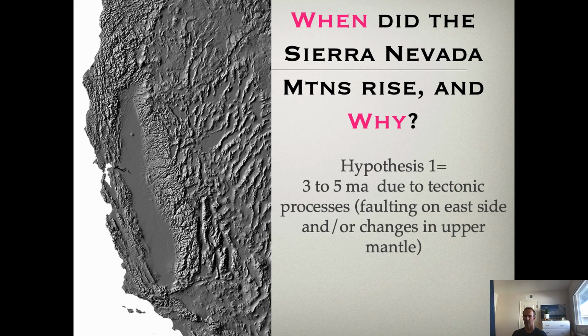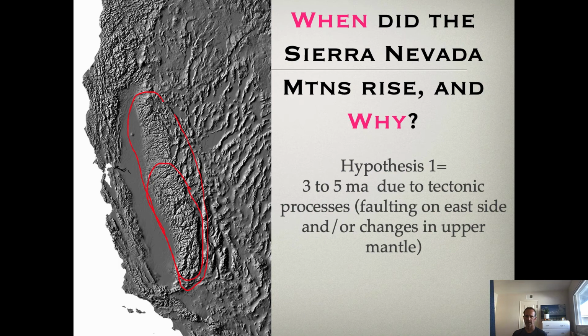So here's a digital elevation model of California and parts of western Nevada. These are the Sierra Nevada mountains. We've talked about them a little bit before. The highest elevations tend to be in the southern two-thirds, the southern half of the mountains. And we also see that there's a very big difference in the slope of the mountains on either side.